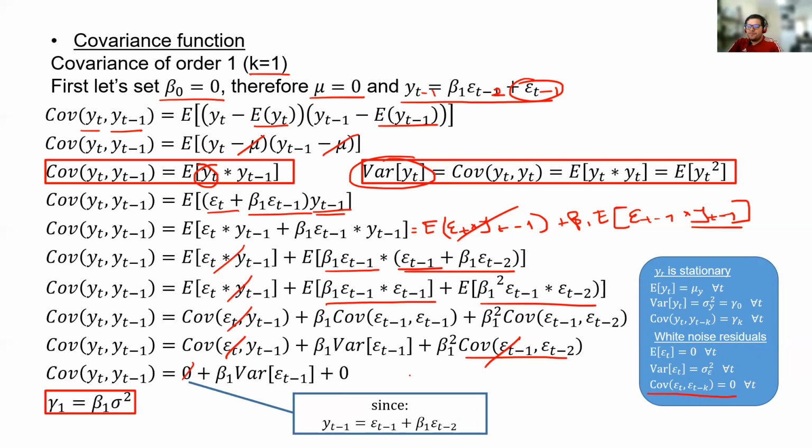The only thing that we're left with is that we know that the covariance of yt at different points in time depends on how far apart they are. They are only 1 lag apart, so we replace that with gamma 1, and the variance of the error terms regardless of the t is sigma squared. So we can estimate these two, therefore we can estimate what gamma 1 looks like.